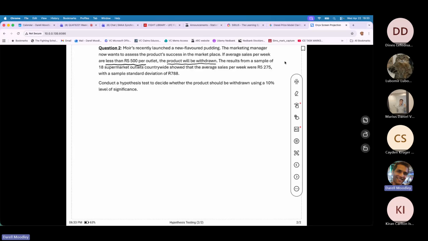Now, the results from a sample of 18 supermarkets, so this is your sample size, that's your N, showed that the average sales per week was 5,275, with a sample standard deviation of 788. And the question here is to conduct a hypothesis test to decide whether the product should be withdrawn using a 10% level of significance.